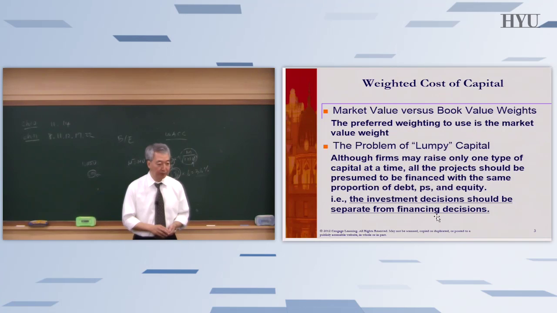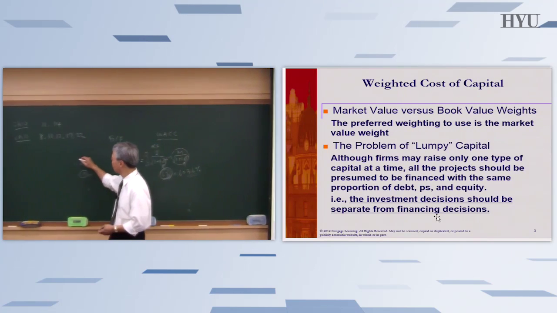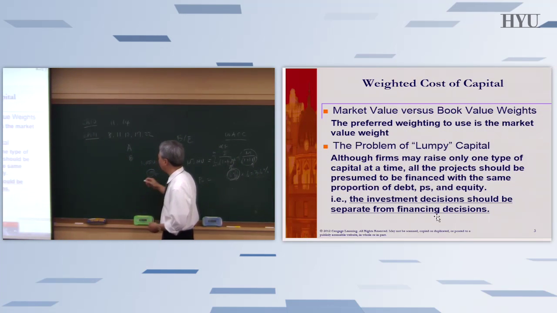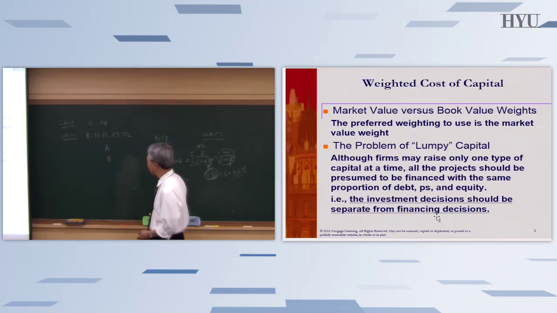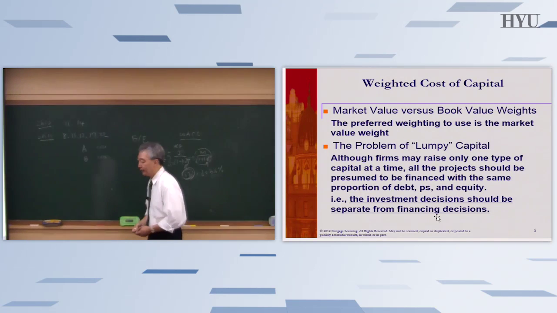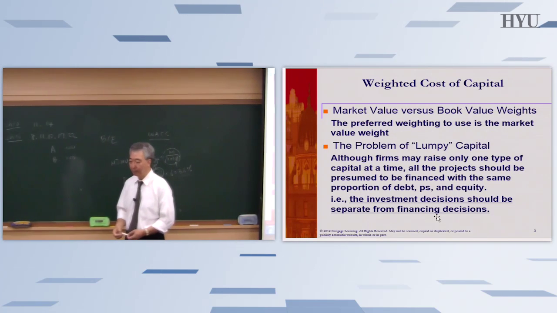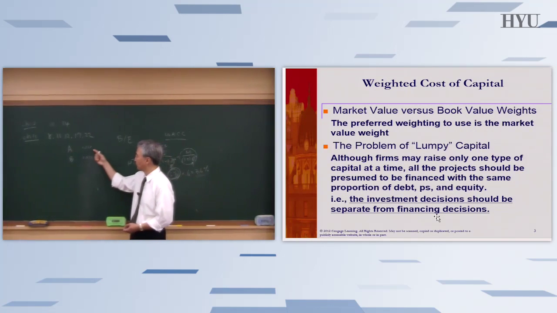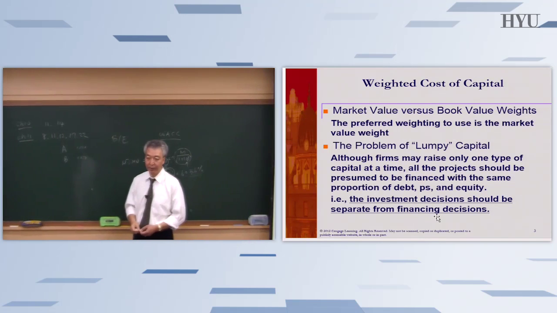So the problem is, what about the next project? Project A, project B, and let's say each requires $100 million, and they are equally risky. So in many senses, projects A and B are identical projects.